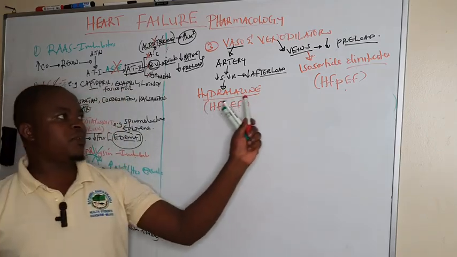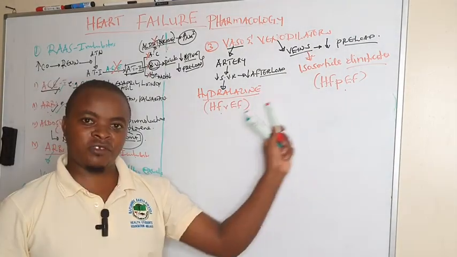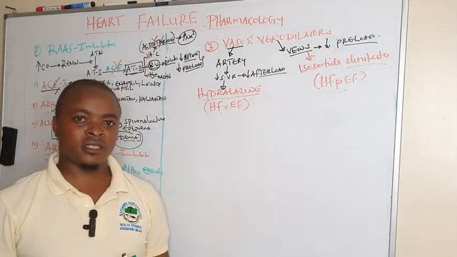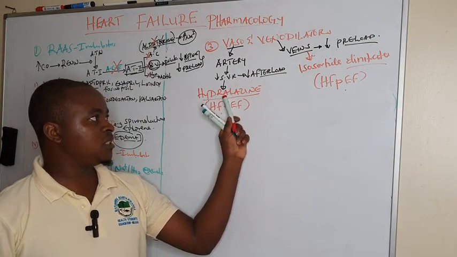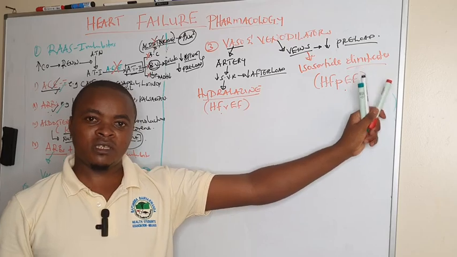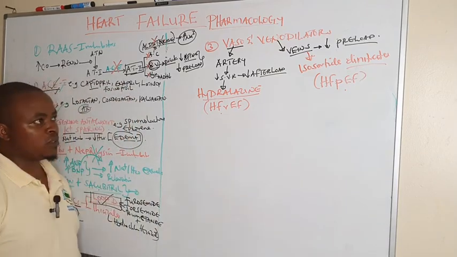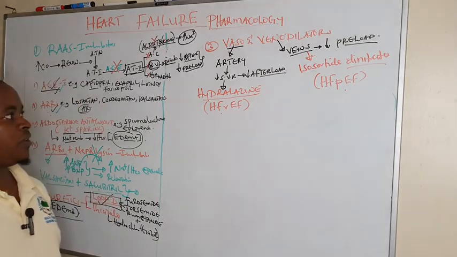So if we give them in combination, we can treat both types of heart failure. That is the vasodilators and the venodilators. Because this one decreases afterload, this one decreases preload. Hence we can relieve the tension of the heart, resulting in treatment of the heart failure.